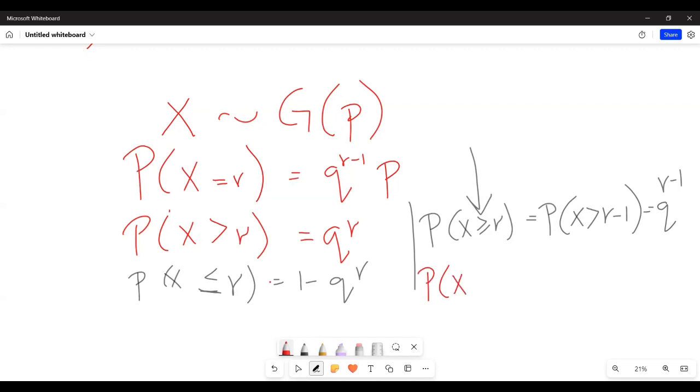They would give you data about less than R, not less than or equal to R. So then this formula cannot be applied unless you go one value back. And then you get 1 minus Q to the power R minus 1.